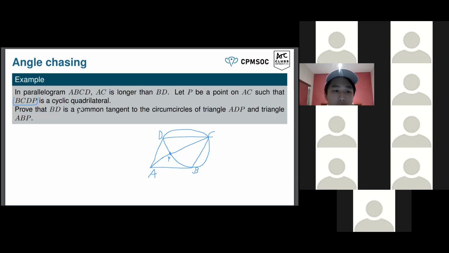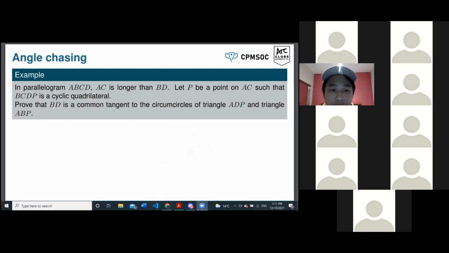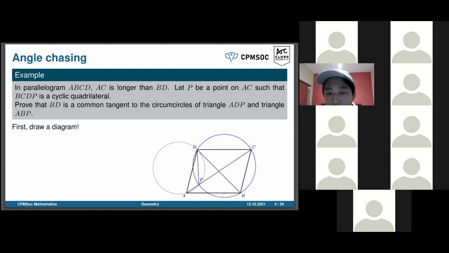So what we want to do is prove that BD is a common tangent to the circumcircle of triangle ADP. So a circumcircle, not circumcenter, is a circle that passes through all 3 points A, D, and P. So I'll get rid of my drawing and show you an actual diagram, which will look something like this.